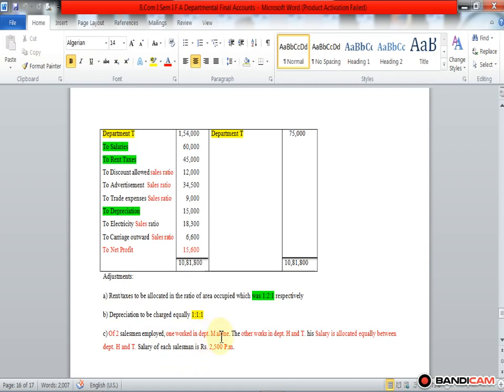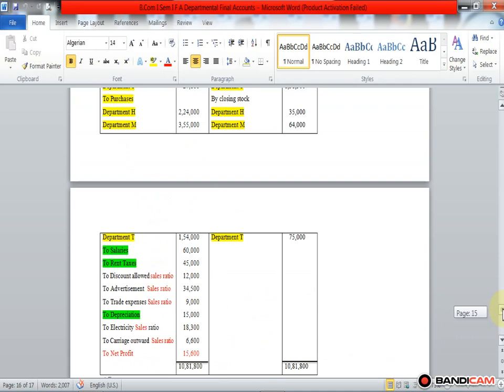One worked in department M alone, the other worked in departments H and T. His salary is allocated equally between departments H and T. Salary of each salesman is rupees 2,500 per month. According to this information we have to solve the problem.